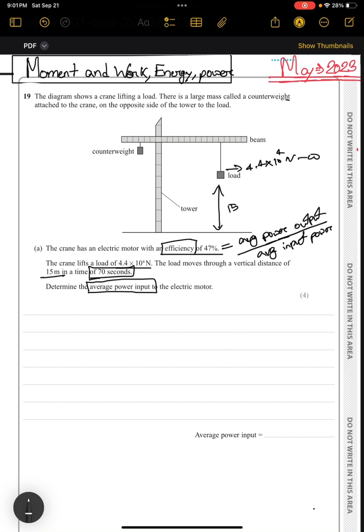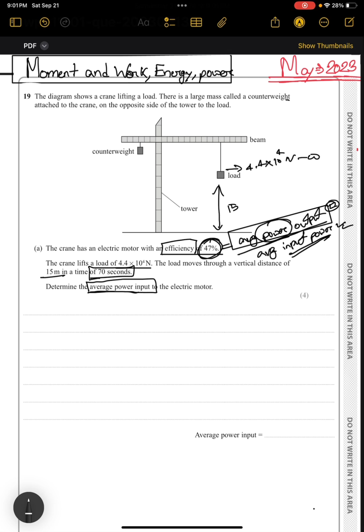We have been asked to find out the average power input, and we have been given the efficiency. We have to just find out the average power output and use this efficiency with it in order to find out the average input. We have been given the details in order to find out the average power output right here.